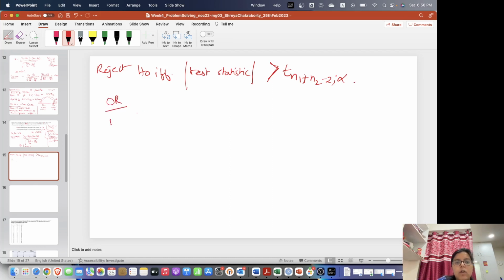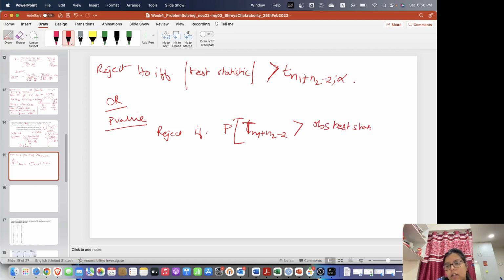Or if we follow the p-value method, then we'll reject if the probability of a t distribution with N1 plus N2 minus 2 degrees of freedom being greater than the observed test statistic is less than 0.05.